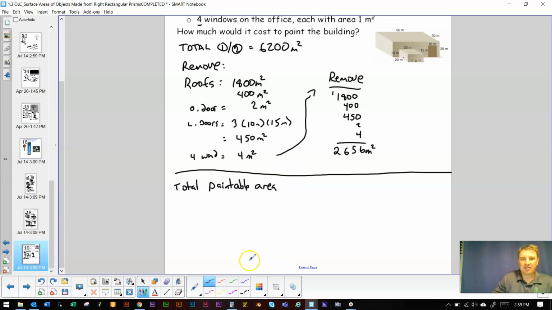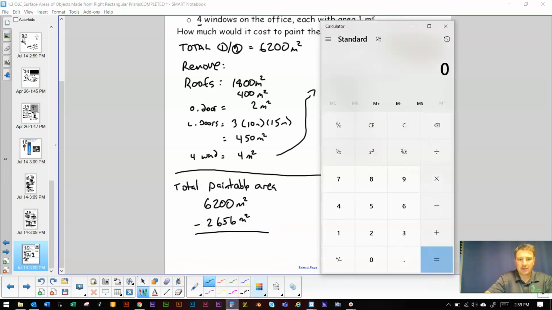We started with 6,200 meters squared, but that included the roofs and the window space and whatnot. So all this stuff that we have to get rid of equals 2,656 meters squared. All right, so let's just bring out our calculator for that one. 6,200 meters squared.